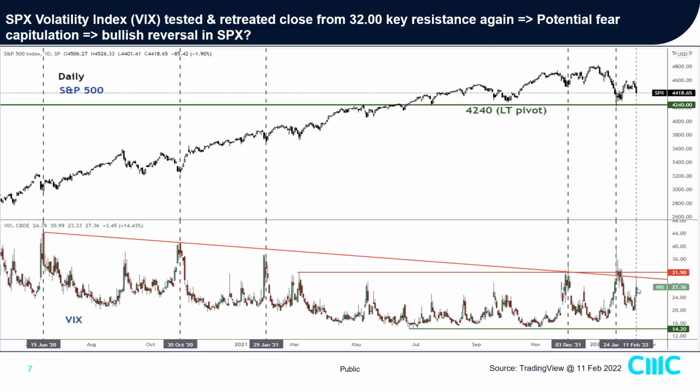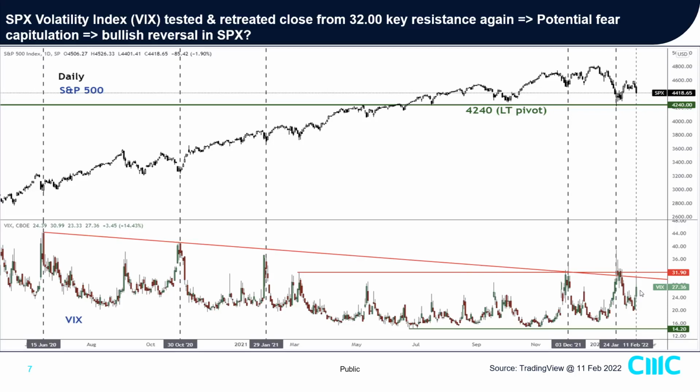What we could see is that last Friday, the VIX rallied and hit close to this 32 key resistance level, before it started to retreat slightly towards the closing hours of the US session, and ended below the 32 key resistance level. So there was a test and there was a retreat.